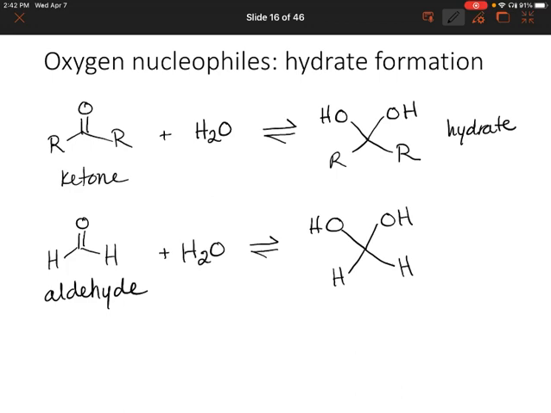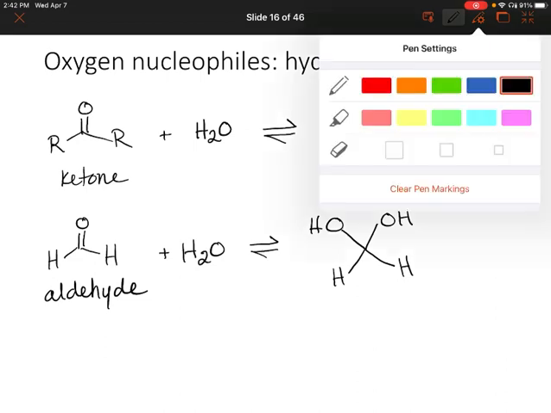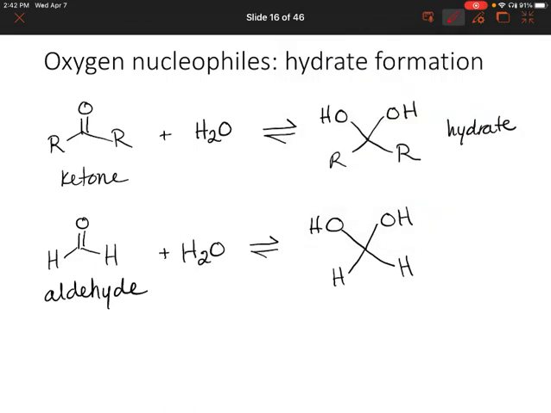Now, when we perform these reactions, what we find is that the yield of the first reaction is only 0.1%, and the yield of the second reaction is 99.9%. Why do you think that is? Why is the second reaction more favorable, or why does it favor products?